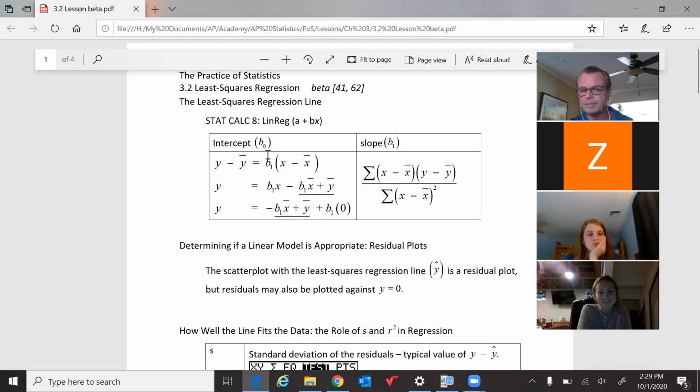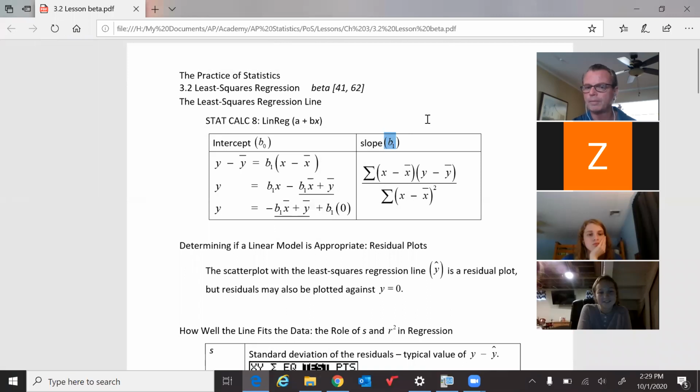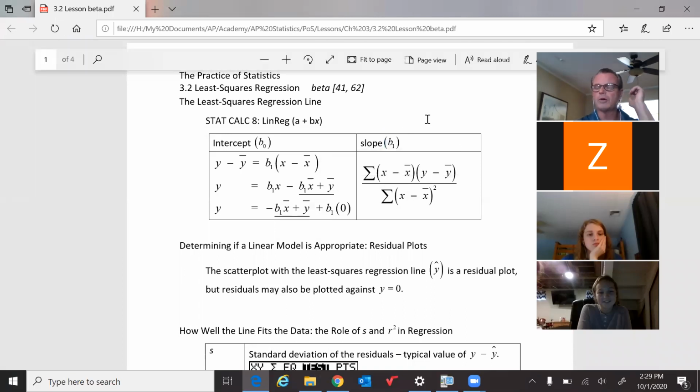The intercept, statistically, is referred to as b sub 0. And the slope is referred to as b sub 1. So this is just more symbols that you're accountable for. For example, down here you have y hat. You need to know what y hat is.